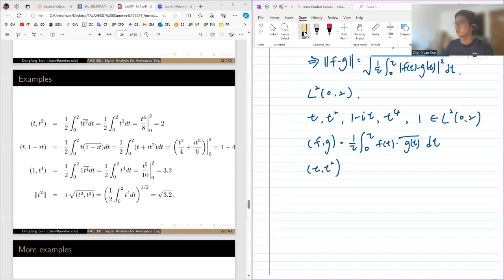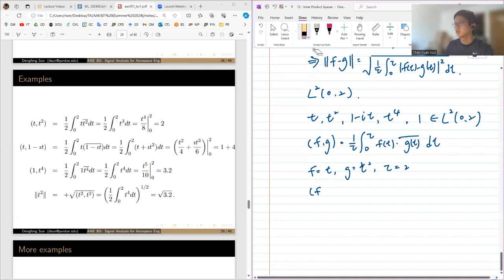So here we have f equals t, and g equals t squared, and tau equals 2. So here we look at the inner product of t and t squared.